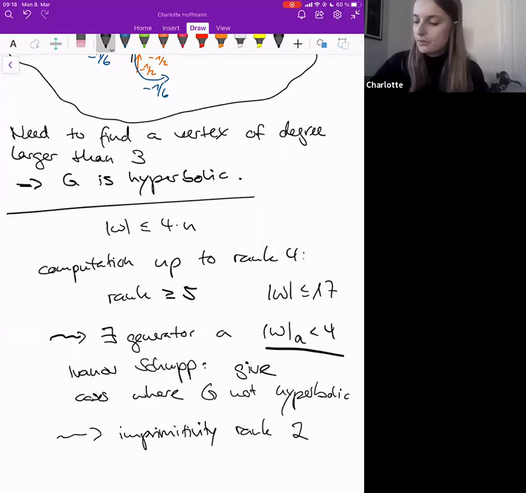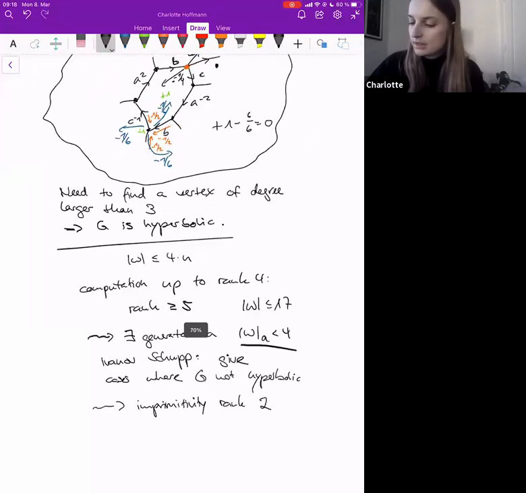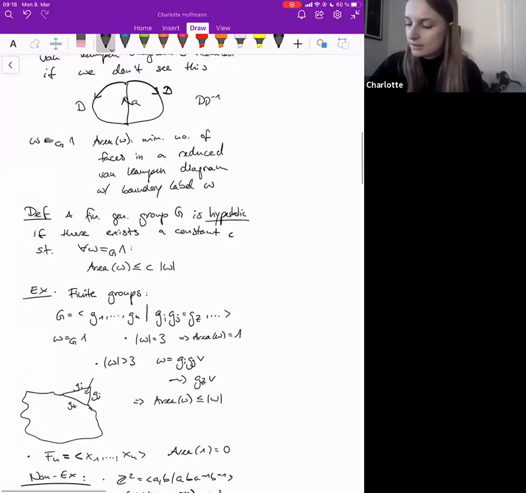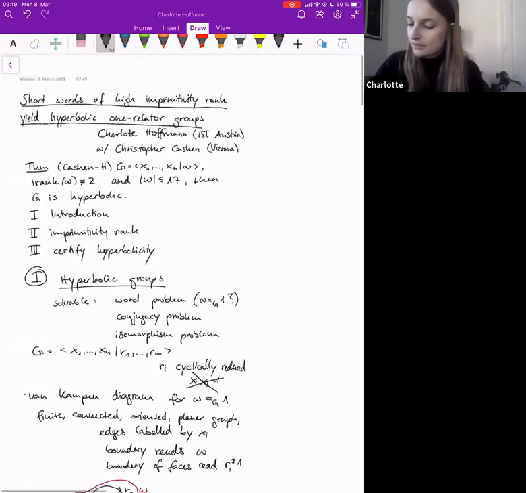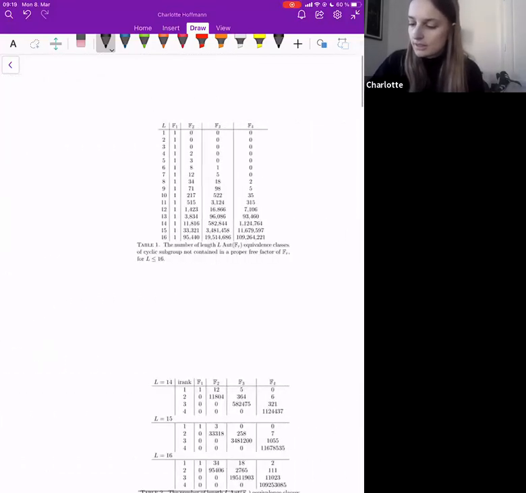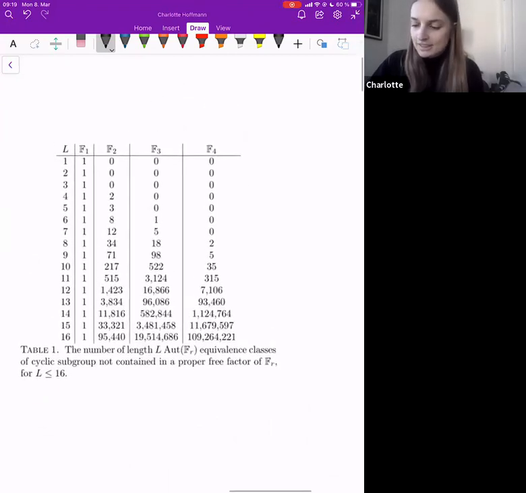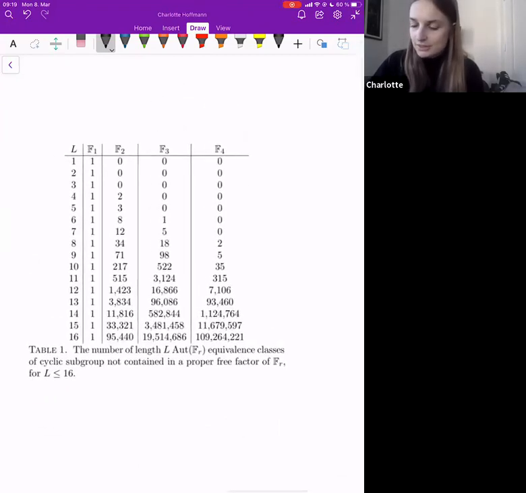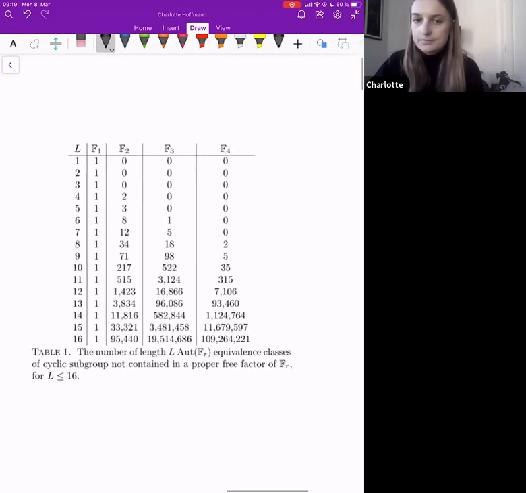And then, let's see some numbers. I think I have them here. So here's a table of how many groups we have checked, up to length 16, right?